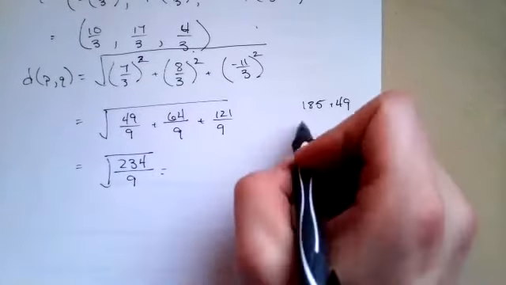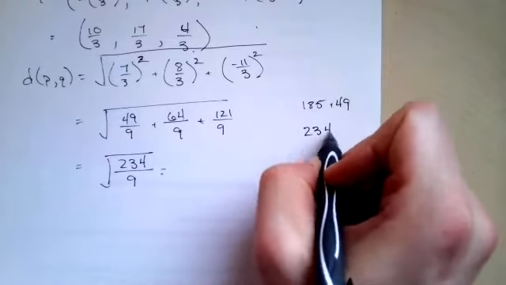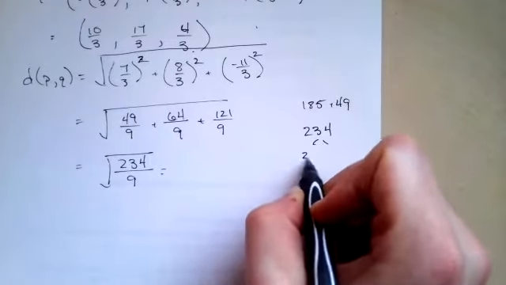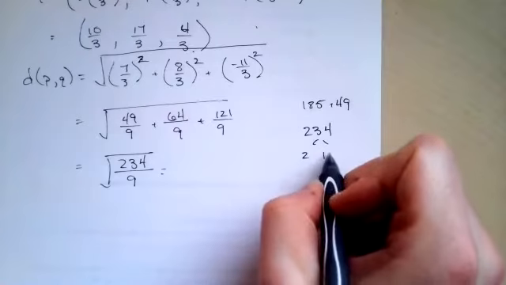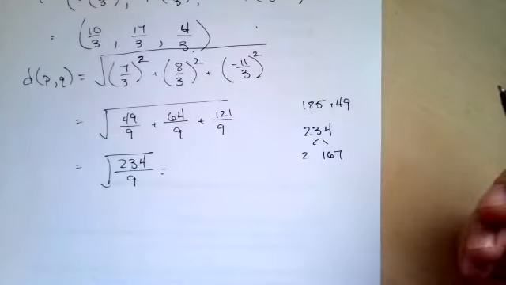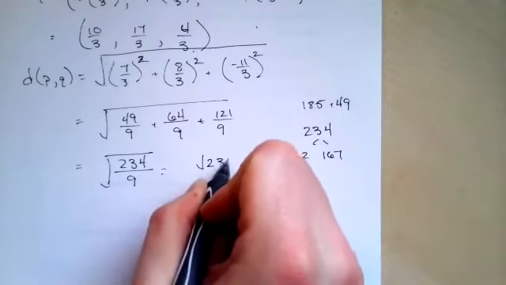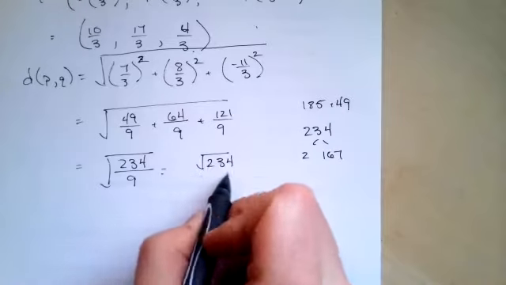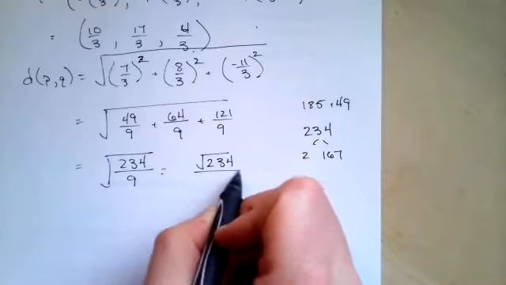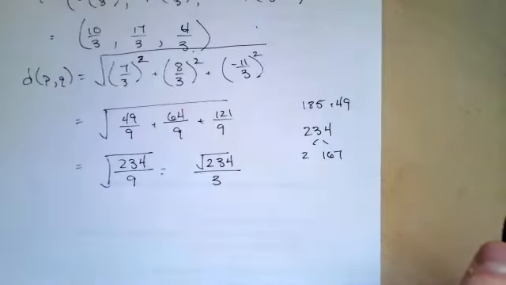Let's see. What's 234 factor? So real quick factorization: 2 and 167, and then 167, God knows how that factors. So let's just keep it as it is. 167 might even be prime. So about the simplest we can get that number, square root of 234 over 3.